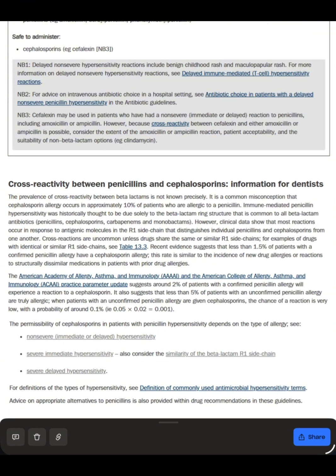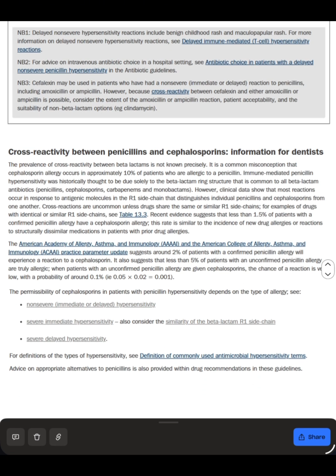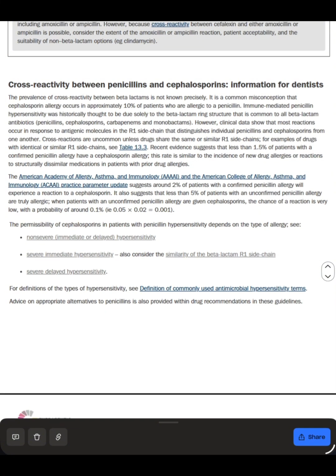The permissibility of cephalosporin in patients with penicillin hypersensitivity depends on the type of allergy: either non-severe, immediate or delayed hypersensitivity, or severe immediate hypersensitivity. Also consider the similarity of the beta-lactam R1 side chains, or whether it's a severe delayed hypersensitivity. For definitions of the types of hypersensitivity, see definitions of commonly used antimicrobial hypersensitivity terms. Advice on appropriate alternatives to penicillin is also provided within the drug recommendations in these guidelines.